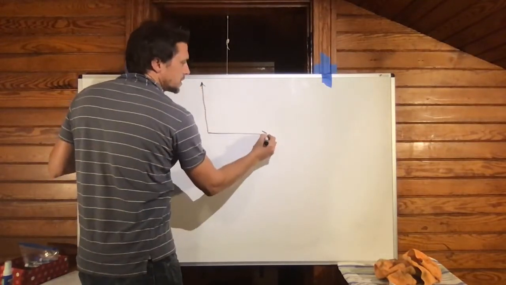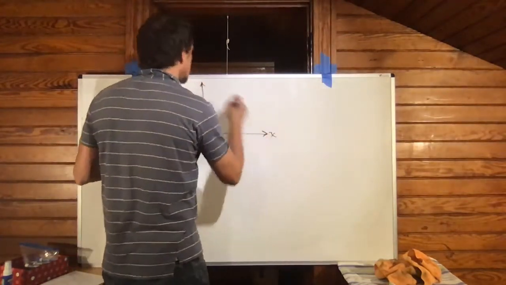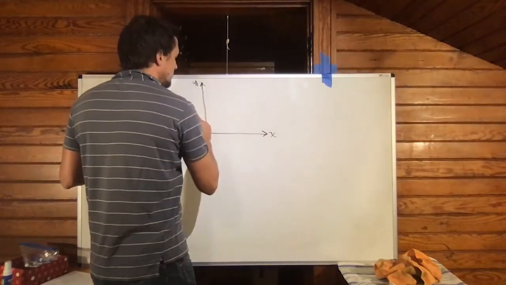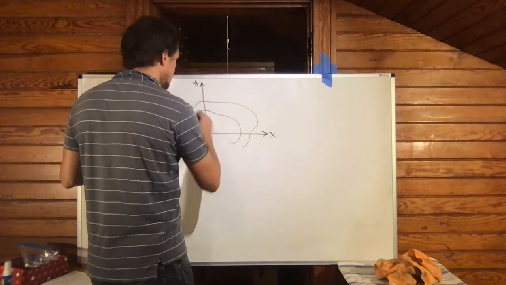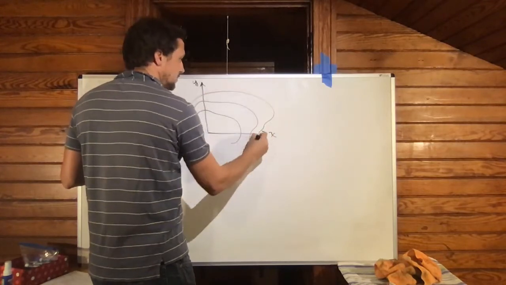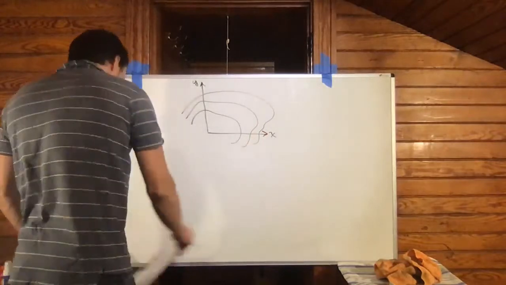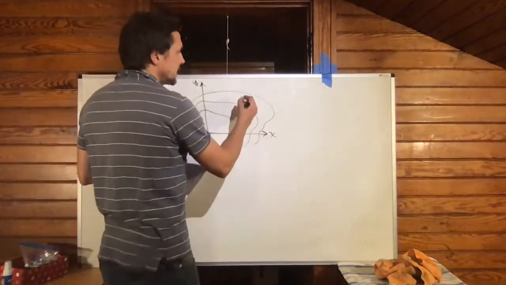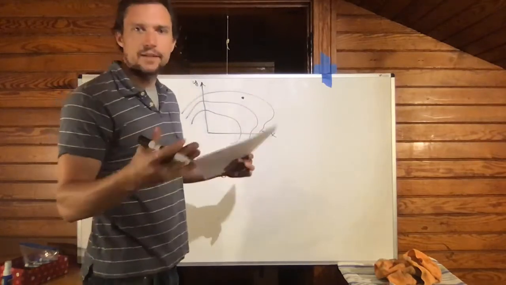And so here what I'm going to do is just draw a generic contour plot. So here's my x, here's my y, and these are level curves of constant z. I just sort of drew them randomly. And the idea is, imagine that we're standing here at some point, and let's give that point a name.